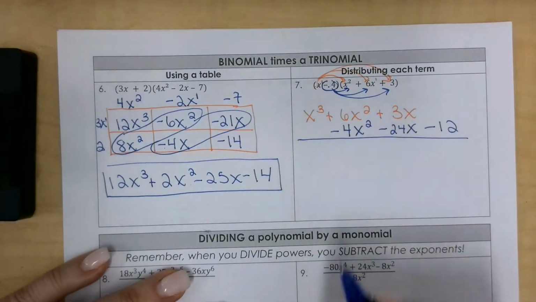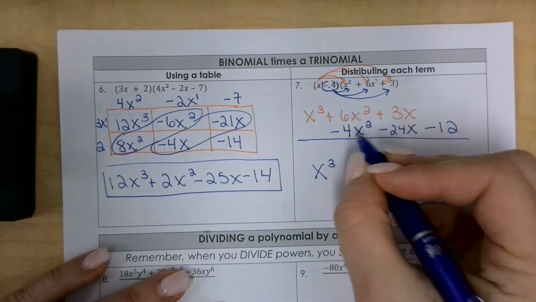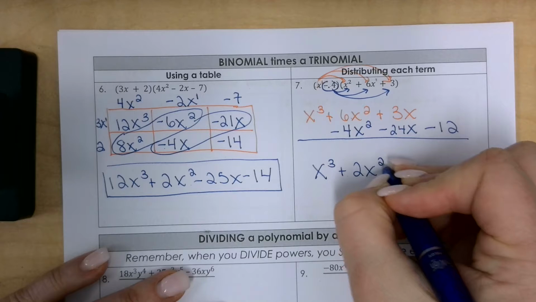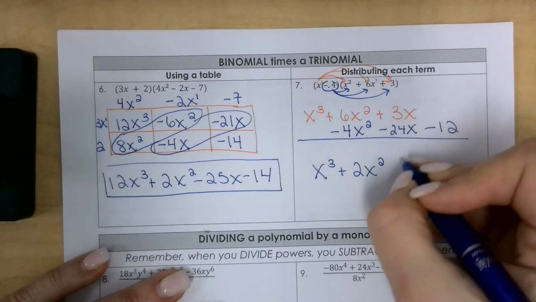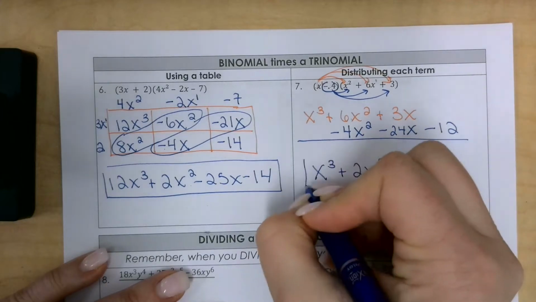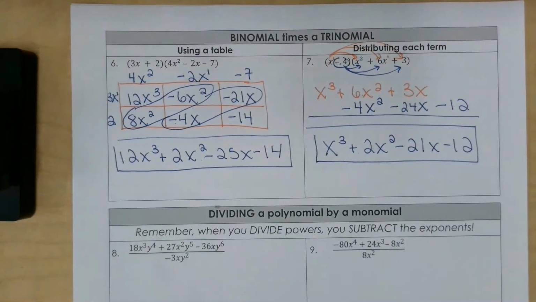So now I'm going to combine them up and down. X cubed remains x cubed. 6 minus 4 is plus 2x squared. 3 minus 24 is going to be minus 21x, and minus 12 is alone as minus 12. So that is a binomial times a trinomial.